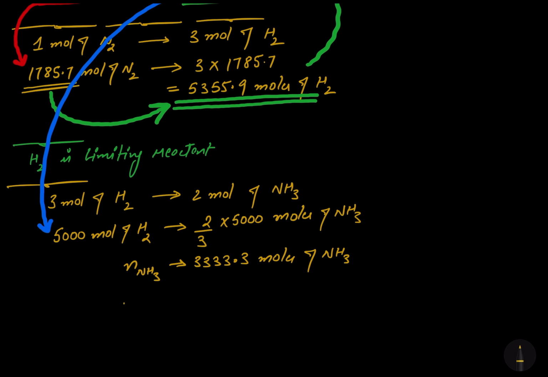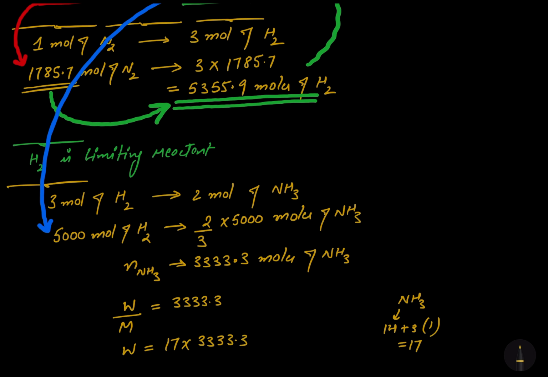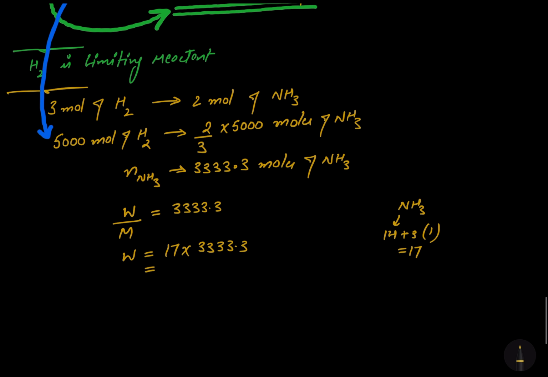So it will be obviously the weight of NH3 divided by the molecular mass of NH3 equal to 3333.3. So what's the molecular weight of NH3? It comes out to be 17. The atomic weight of nitrogen is 14 plus that of hydrogen is 1 into 3, and it comes out to be 17. So I'm multiplying 17 into 3333.3, and it comes out to be 56.6 thousand grams.